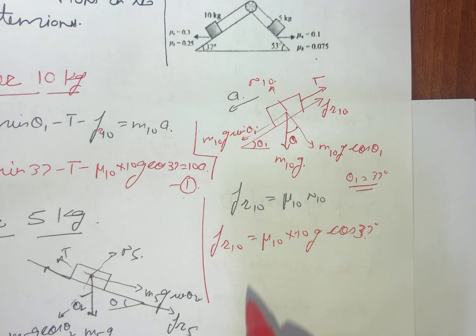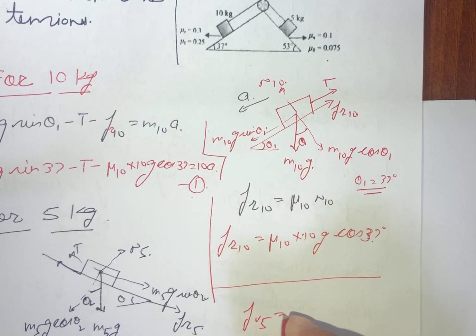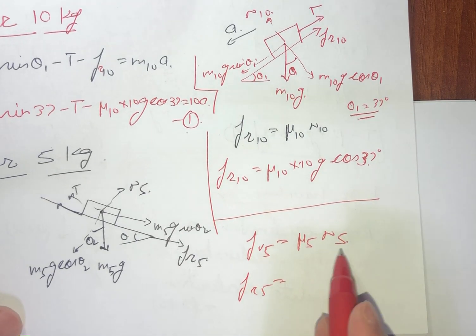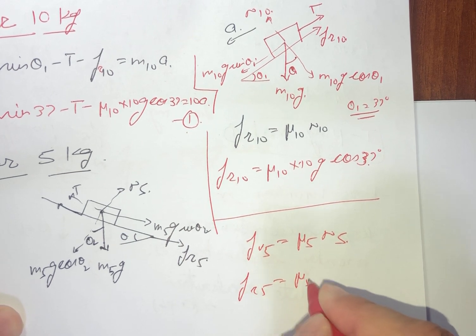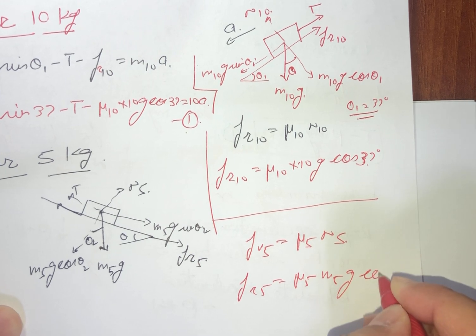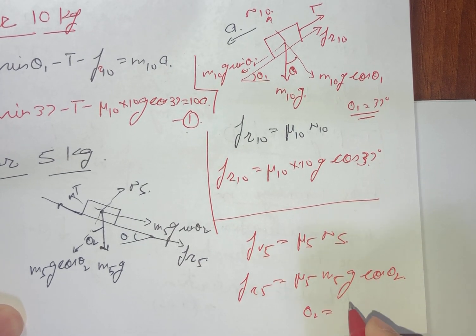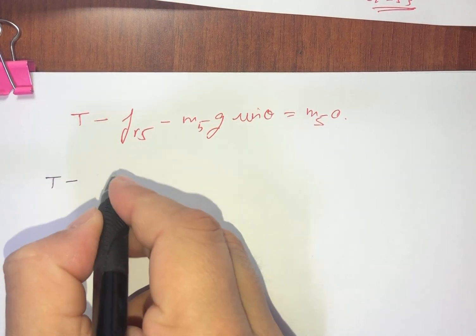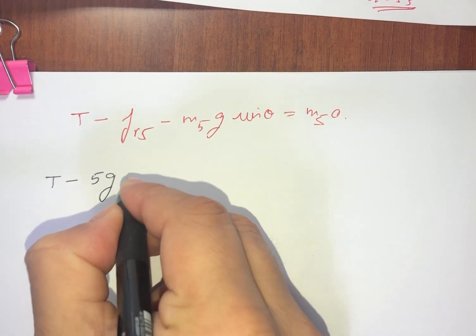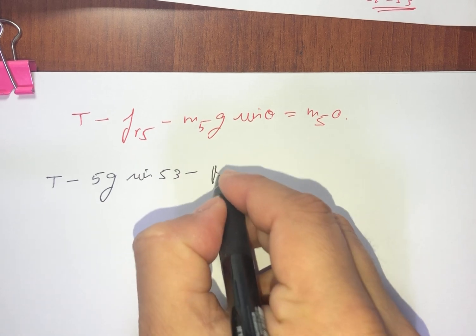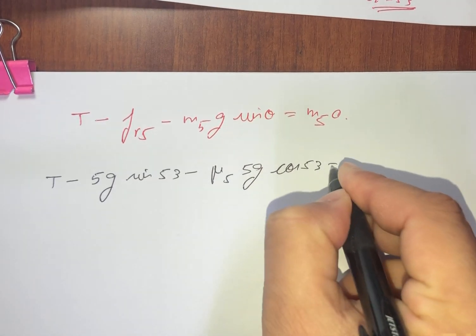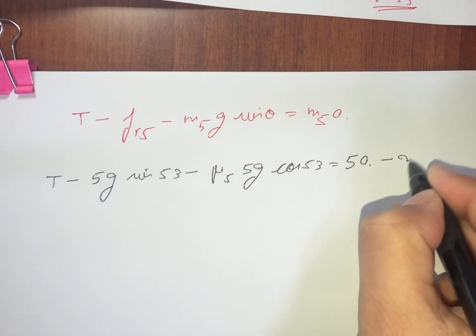We can find the value of the friction: Fr5 will be equal to mu5 into N5, where N5 is m5g cos of theta 2, so Fr5 is mu5 m5g cos of theta 2, and here theta 2 is 53 degrees. Substituting these values, we get T minus 5g sine of 53 minus mu5 5g cos of 53 equal to 5a. Let us call this equation number 2.